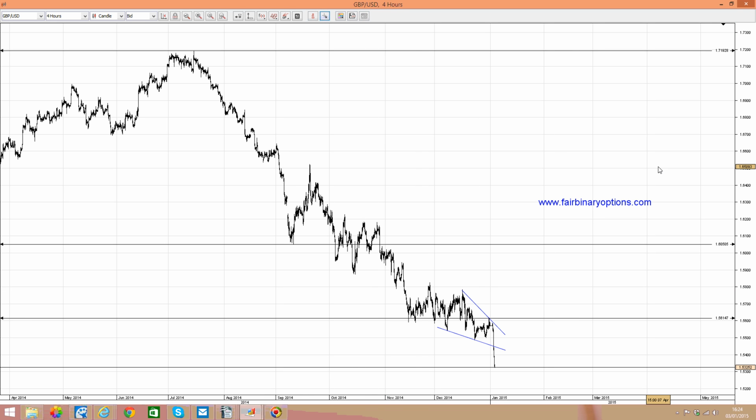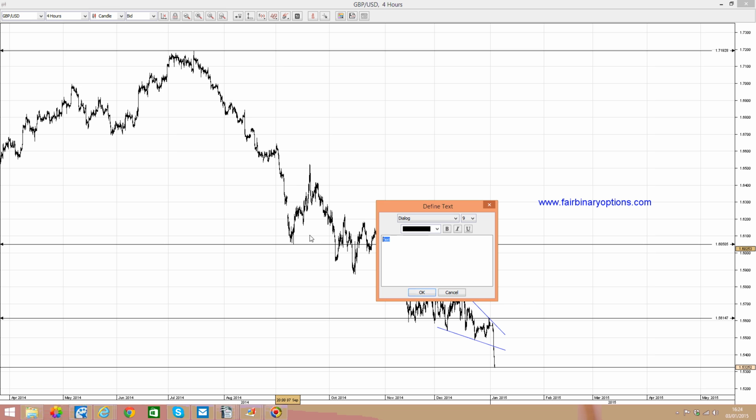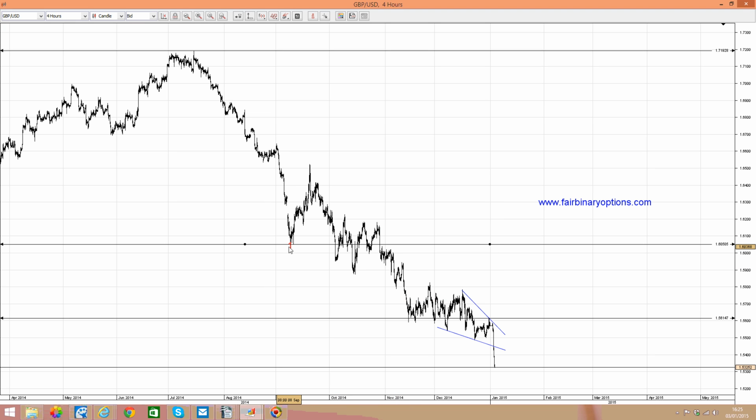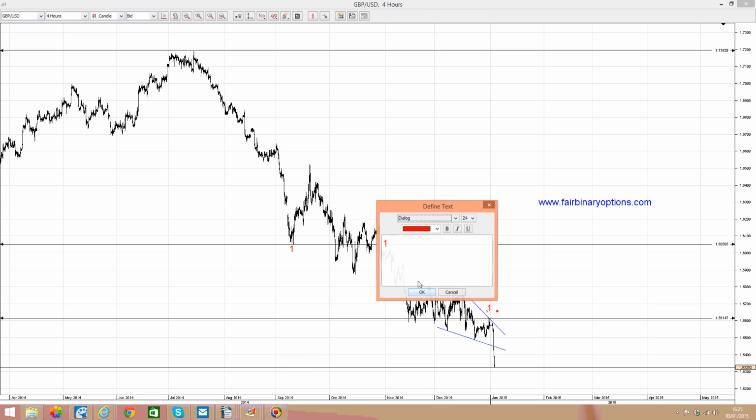So we still need retracements, but I would say that this is only the first wave of a bigger degree, and then we should look for a third wave after the second wave here has been completed.